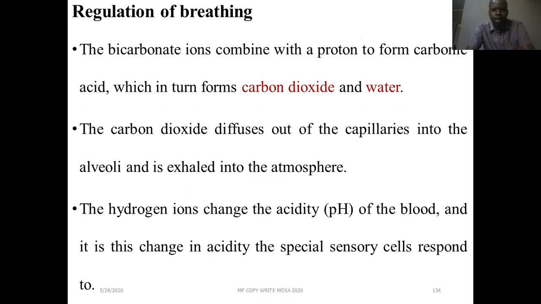So the bicarbonate ions combine with a proton to form carbonic acid, which in turn forms carbon dioxide and water. The carbon dioxide diffuses out of the capillary into the alveoli and is exhaled into the atmosphere. The hydrogen ion changes the acidic pH of the blood, and it is this change in acidity that causes the special sensory receptors to respond.